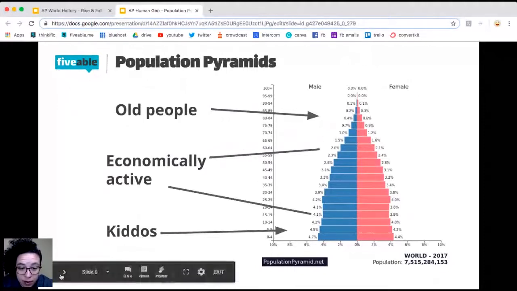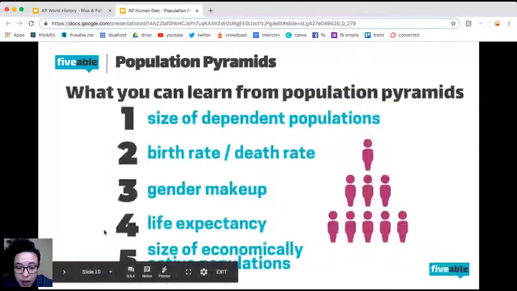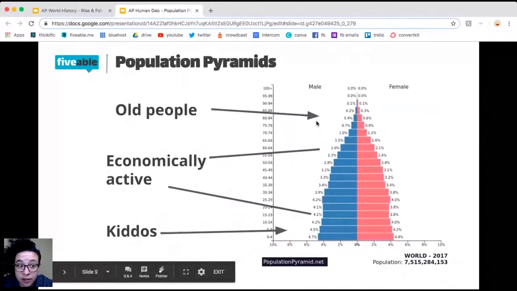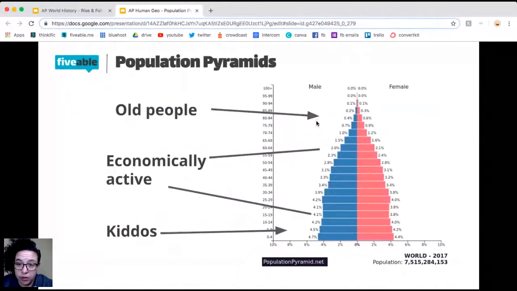So you can see that from population pyramids. And the last thing is the size of economically active populations, right? In a society with more people in the middle, they're more economically active. That means that's good for the economy. That's good for trade and growth.